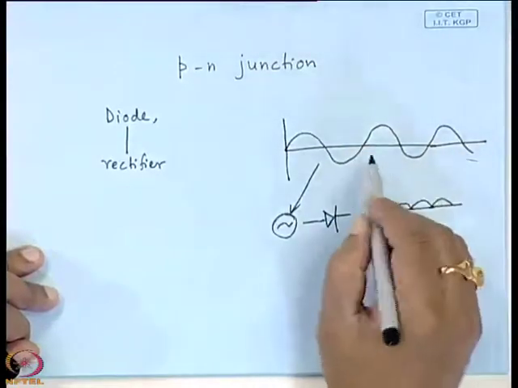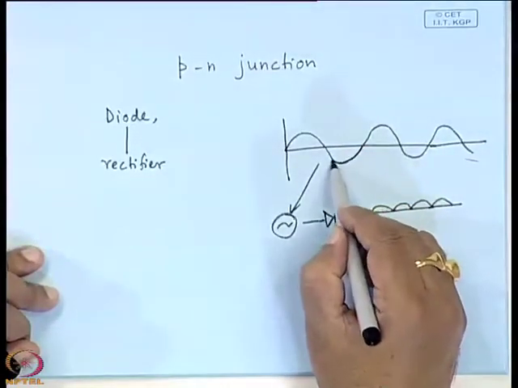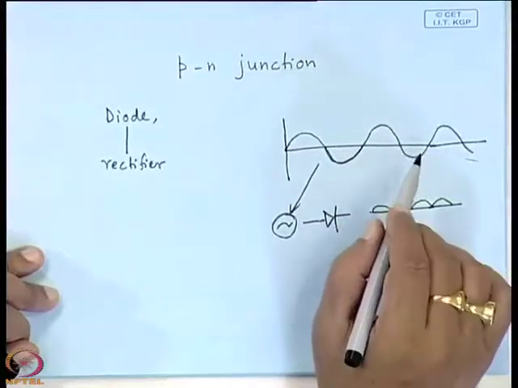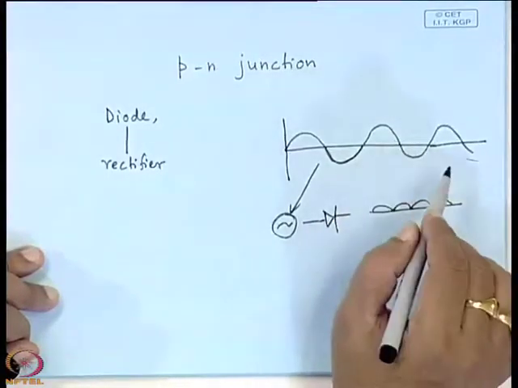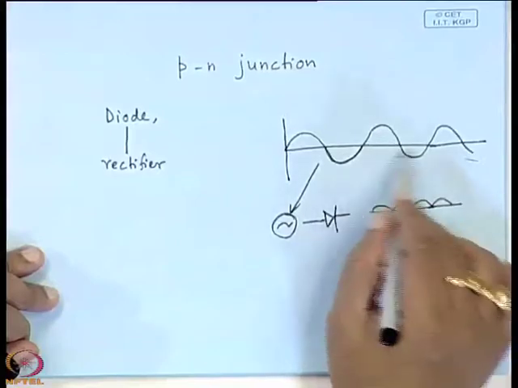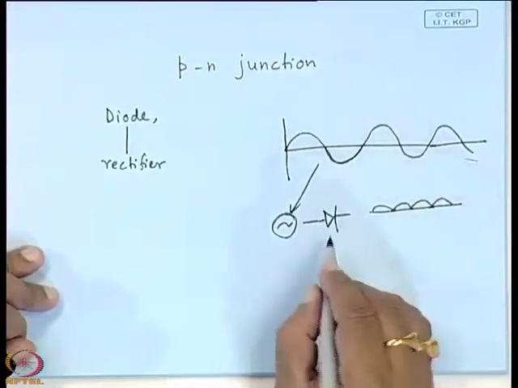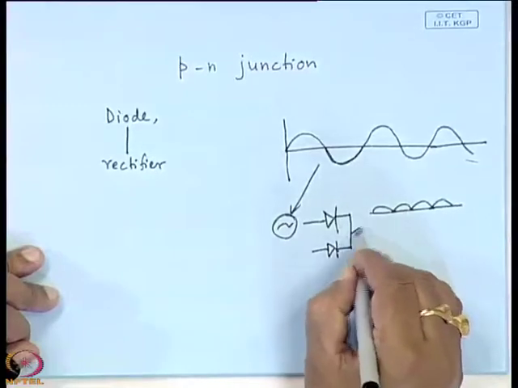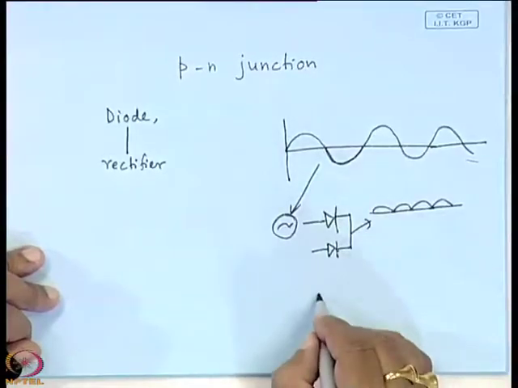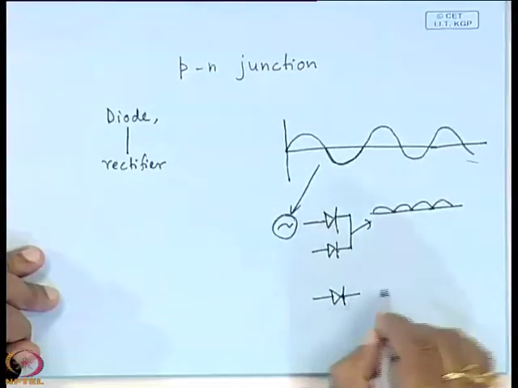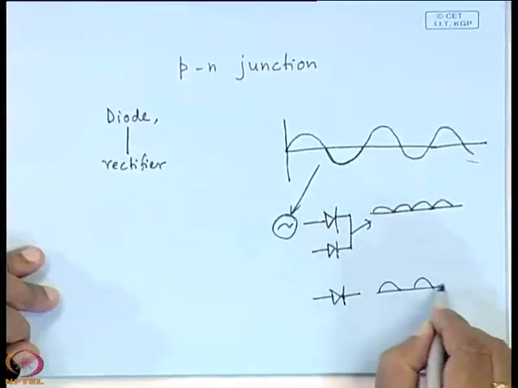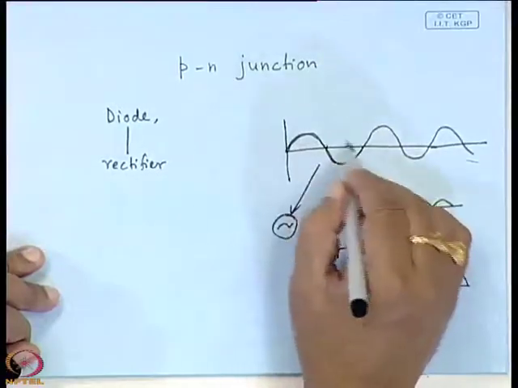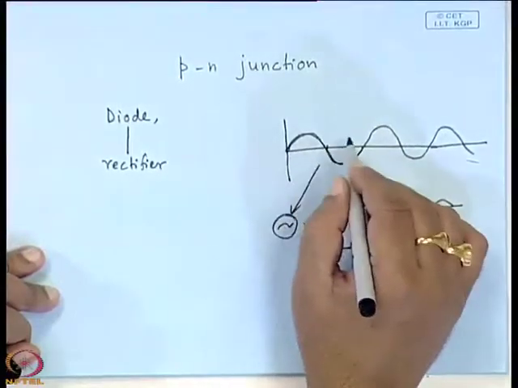So it is not facilitating the flow of current or voltage in both directions, only in one direction. But you have to use two diodes here, then only the output will be this type of a thing. Otherwise, if you use a single diode, the output will be like this, because only the positive half cycle will conduct, not the negative half cycle.